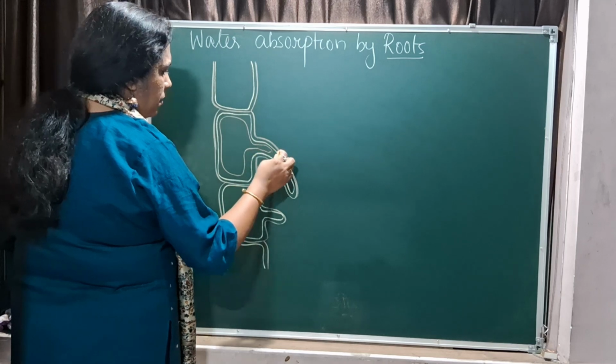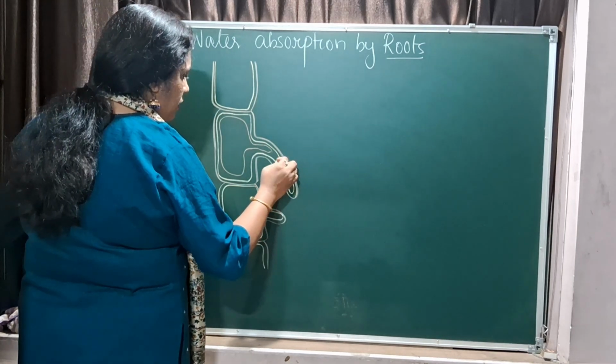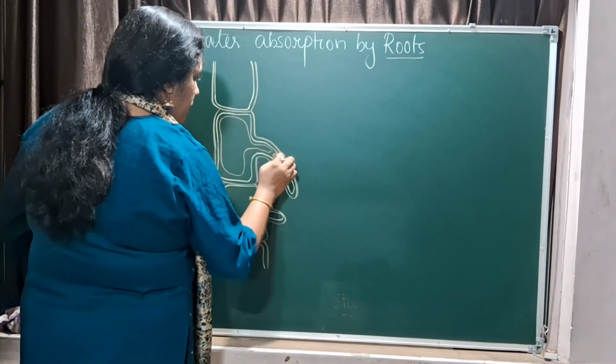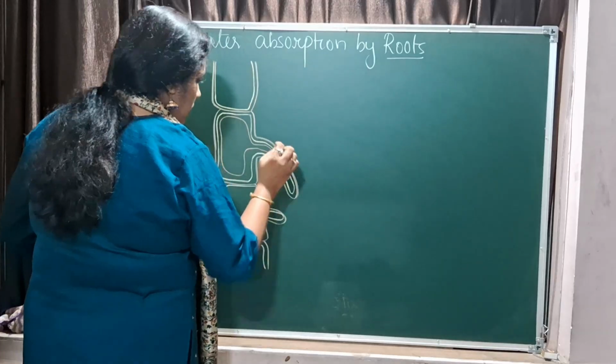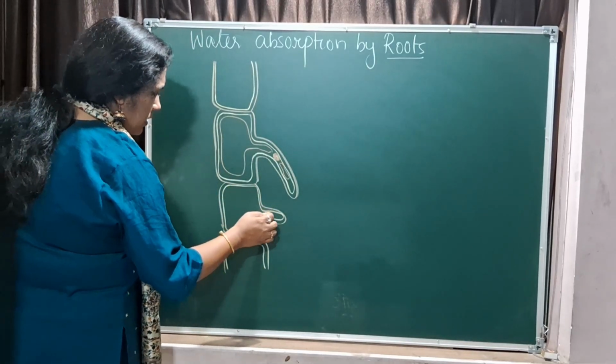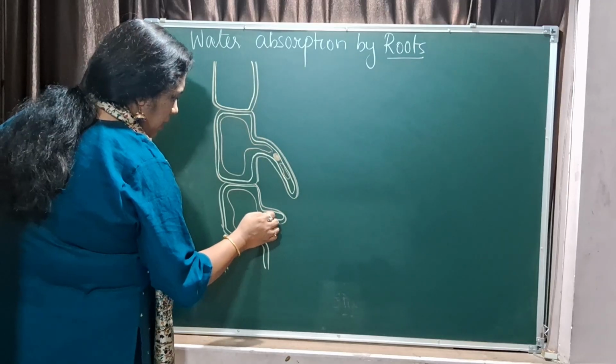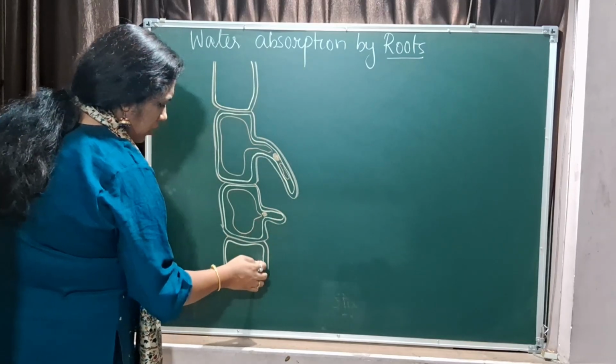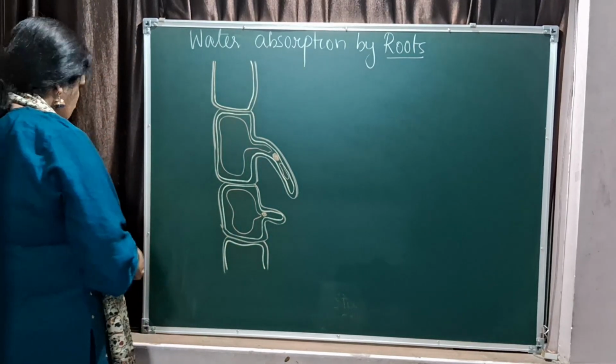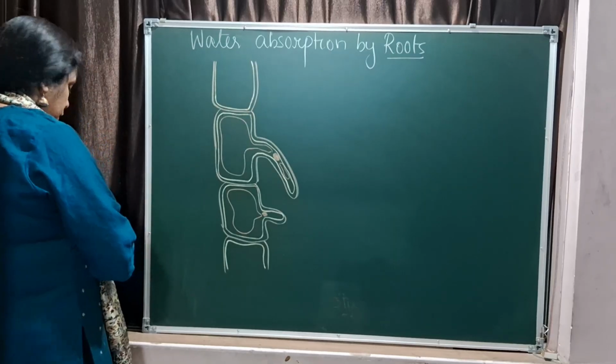You can say half of the cell is covered with the vacuole only. This is the nucleus present. So this is how the structure is. Let me label it for you.